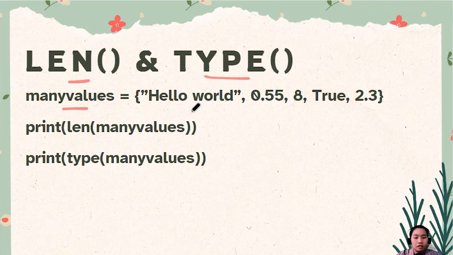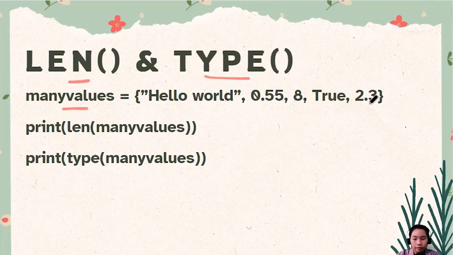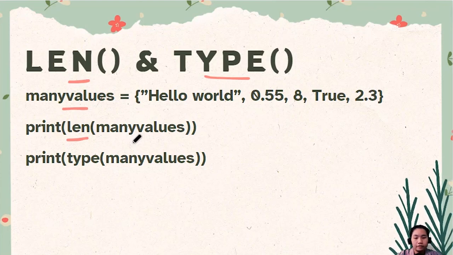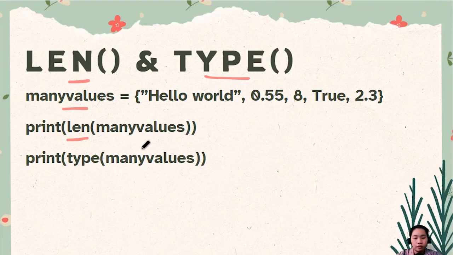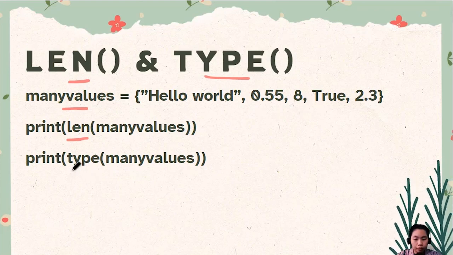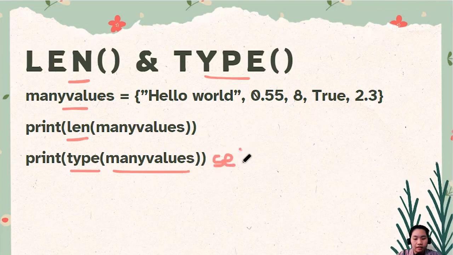Now a set can contain multiple data types: a string, a float, an integer, a boolean, and a float. Now if I print the length of many values, what do you think the length will be? 1, 2, 3, 4, 5. What do you think the type of many values will be? Well, it is a set.